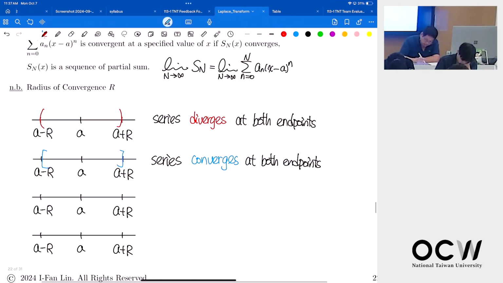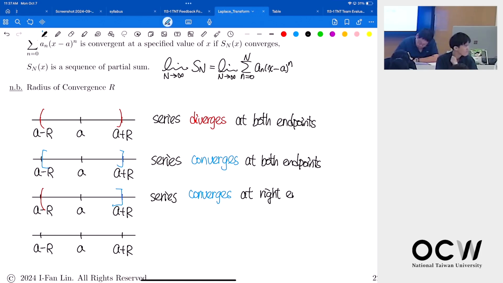If I have half and half, with the parenthesis on the left-hand side and bracket on the right-hand side, then the series converges at the right endpoint but diverges at the left endpoint.